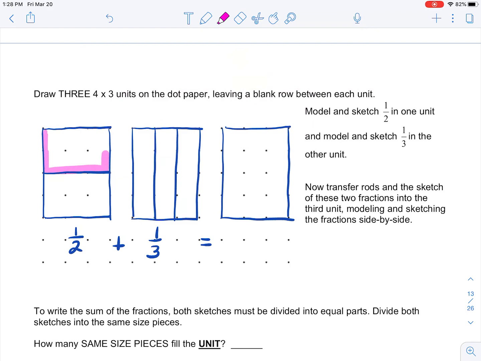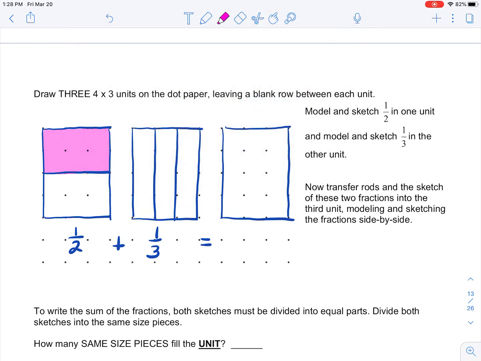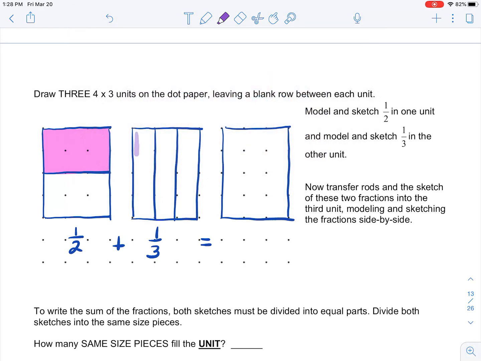And this is going to be important that you show what you're doing. I would definitely use colors. You don't have to use the colors I'm using, but definitely use colors. And then the 1/3, we can use, how about a purple maybe? That's different enough. Something that you can tell the difference.